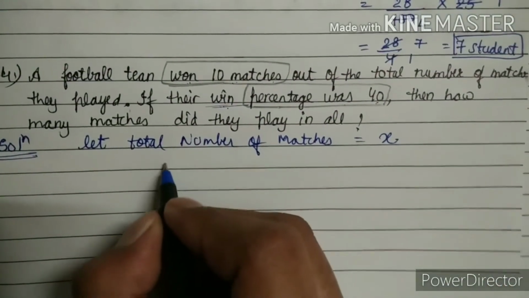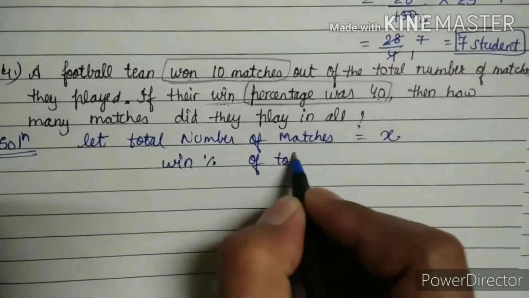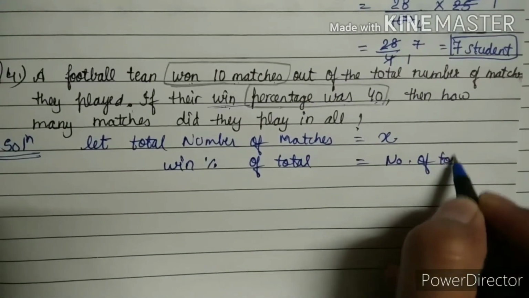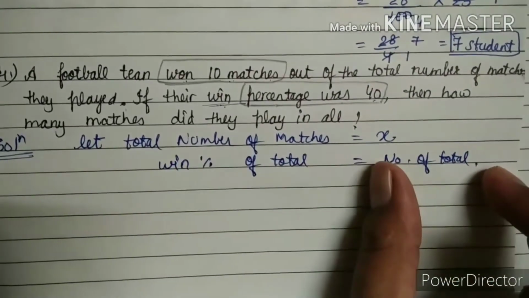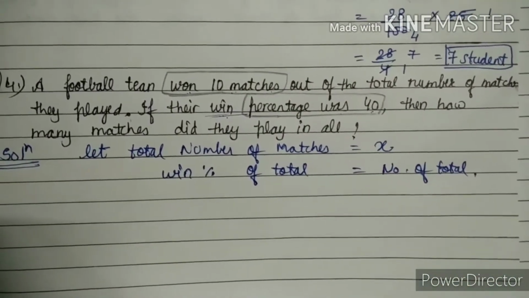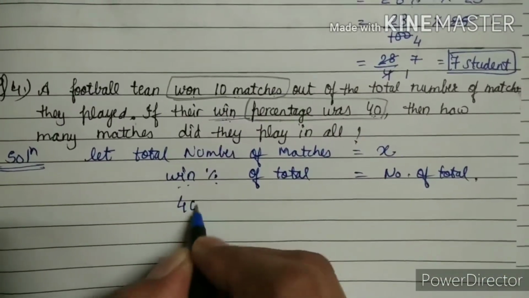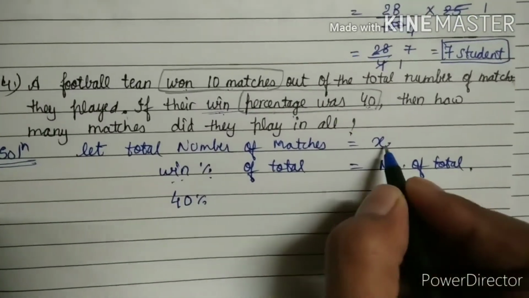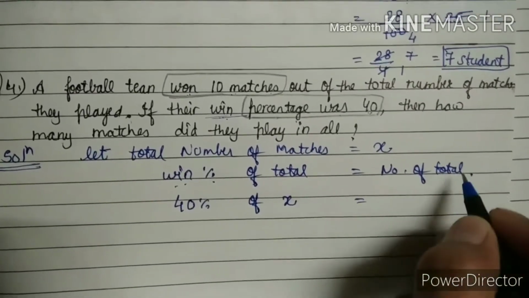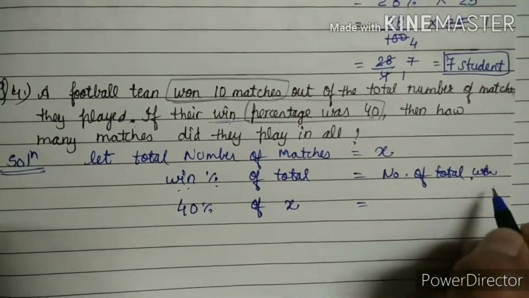So the win percentage of the total and the number of total, because both things are equal, that's why we are putting equal to each other. So how much is the win percentage? Win percentage is 40 and total is X, and the total number of won matches is how much?